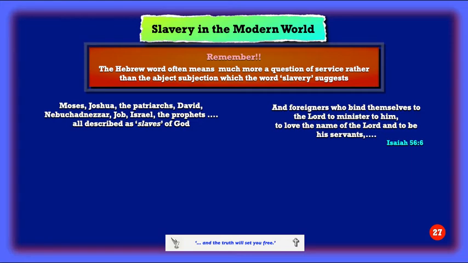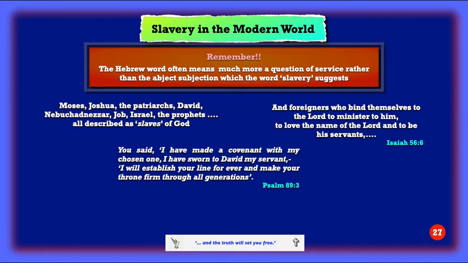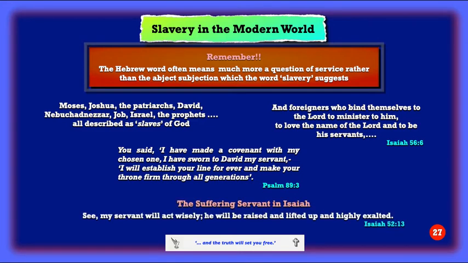Foreigners who joined the people of Israel to be as servants, it's the same word, it could be slaves. David, described as God's servant, the word is the same word, it could be slave. We have to be careful. Jesus himself is described with the same word, my servant.